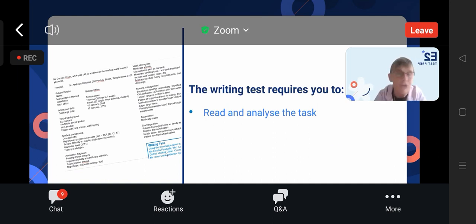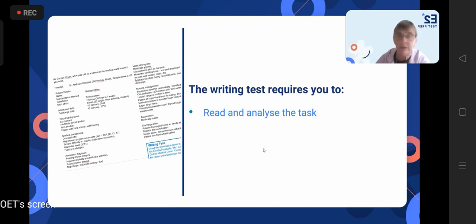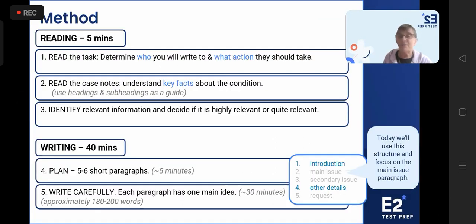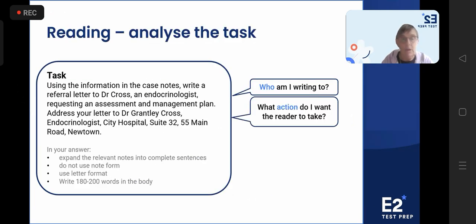Anyway, read and analyze the task before you do anything else. That's right at the bottom. Think about then the case notes. Also, it makes the letter clear, easy to read and understand, and everything is in it. What action do I want the reader to take?